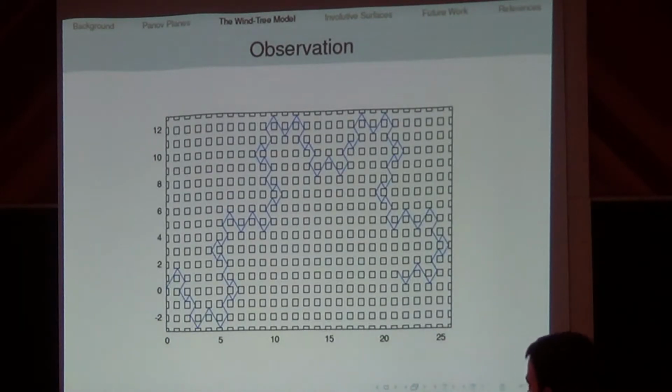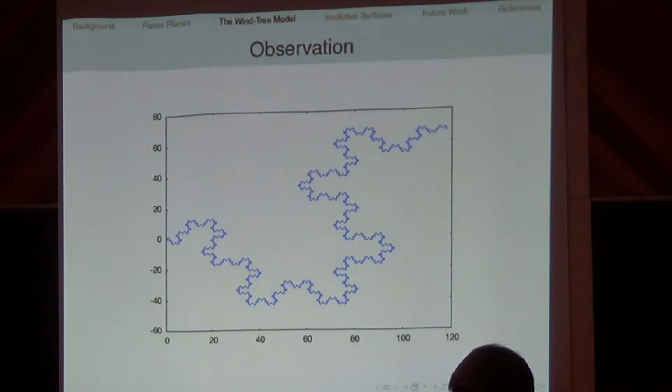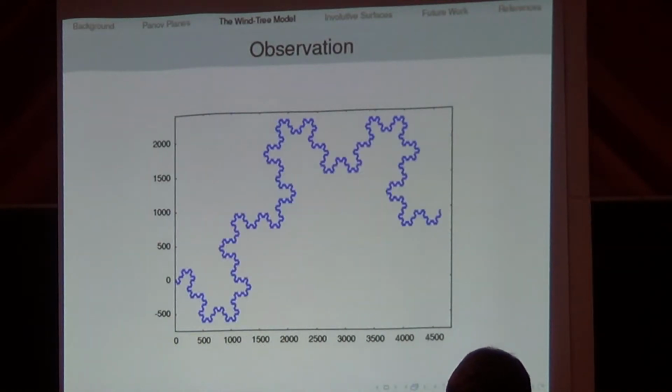So that was 10. This is 100, 1,000, 10,000, and 100,000 reflections. So we wanted to see something dense, and after we saw this picture, we kind of gave up on hoping this thing was dense. But we saw something much more interesting and unexpected for us instead. We saw this escaping self-similar billiard trajectory.